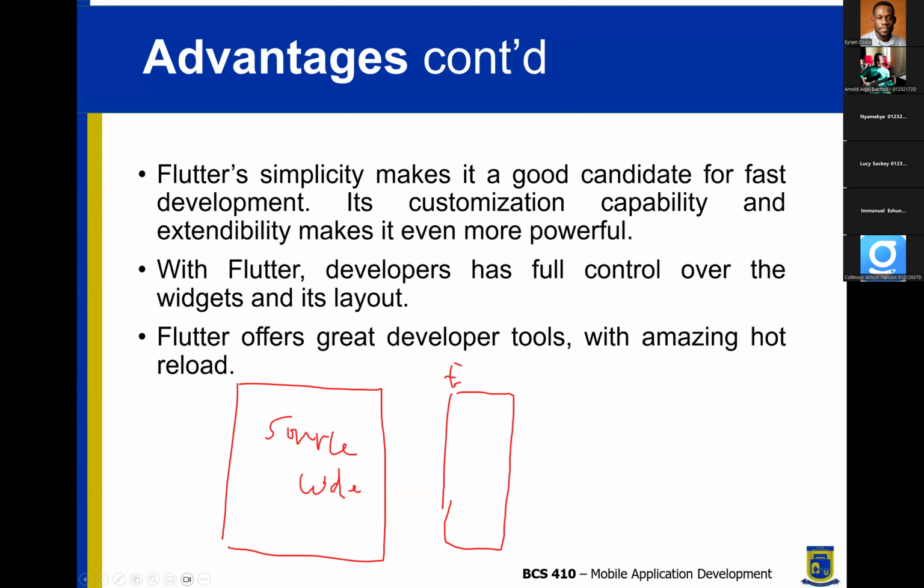Now, emulator in mobile application development basically is the interface, or a testing tool, let me put it that way, on which you can run the app before you actually publish it or transfer it to a mobile device.